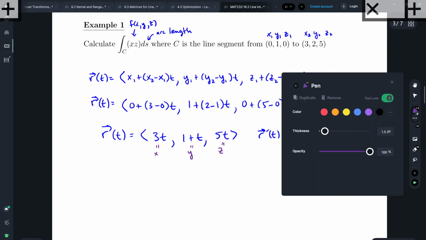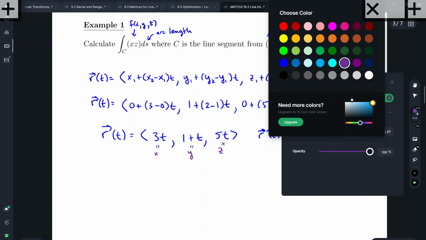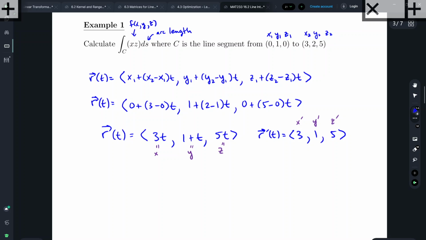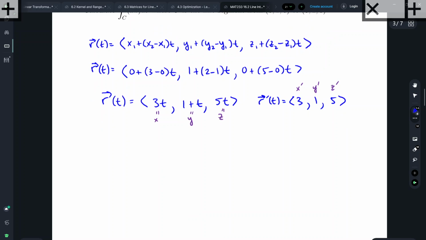And then the arc length component involves the magnitude of r prime, right? So let's calculate that. It's just the square root of x prime squared plus y prime squared plus z prime squared.